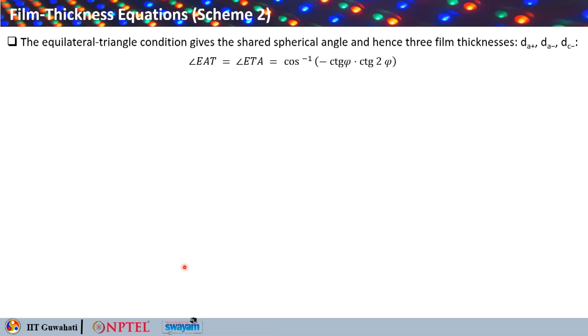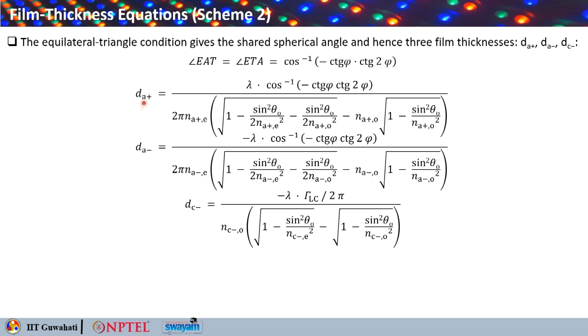So when you have this equilateral triangle condition, that gives the shared spherical angle and also the three film thicknesses, that is dA plus, dA minus and dC minus. You can obtain these angles: angle EAT is equal to angle ETA, which is equal to cos inverse of minus cot phi dot cot 2 phi.